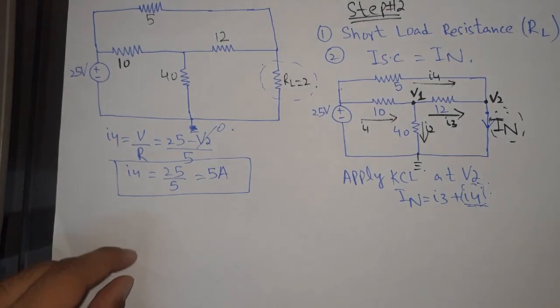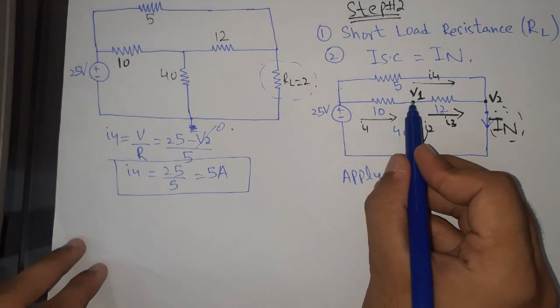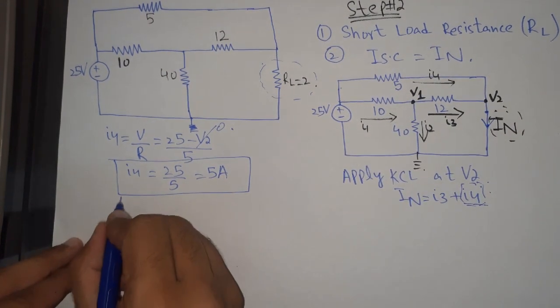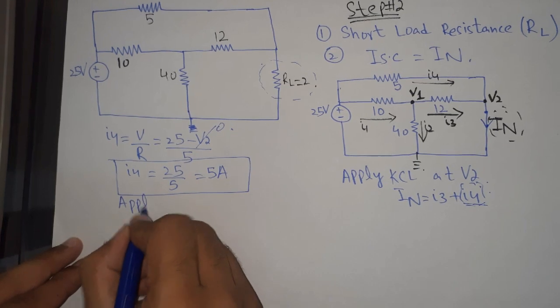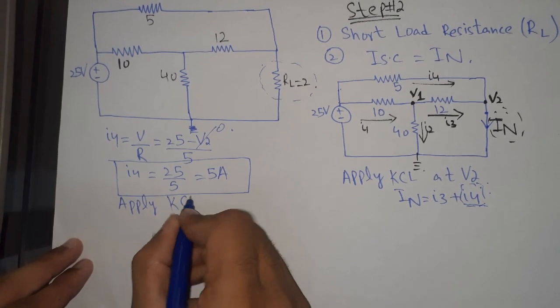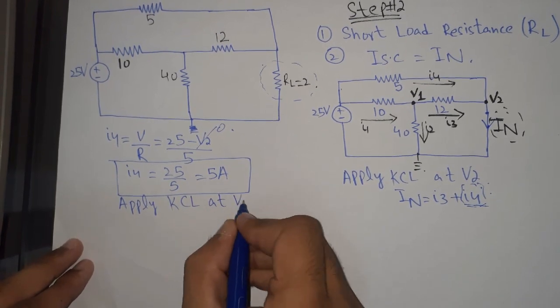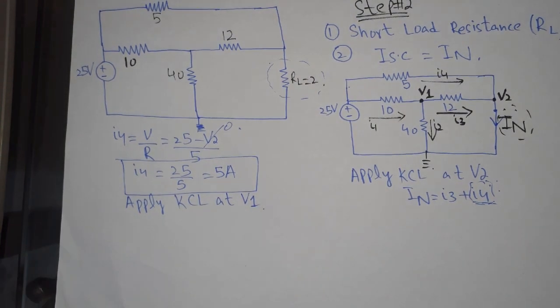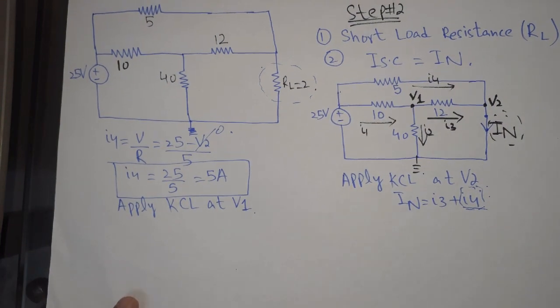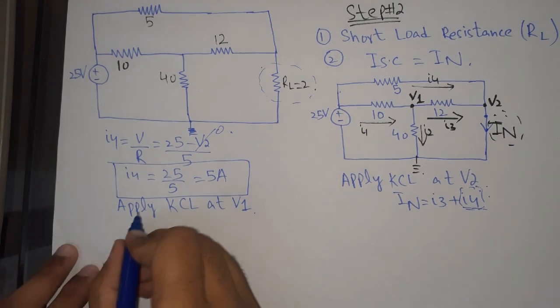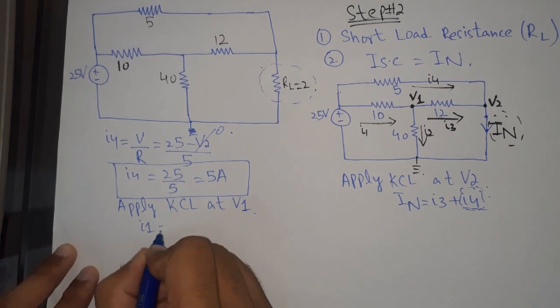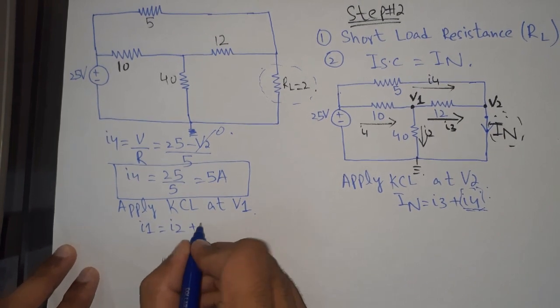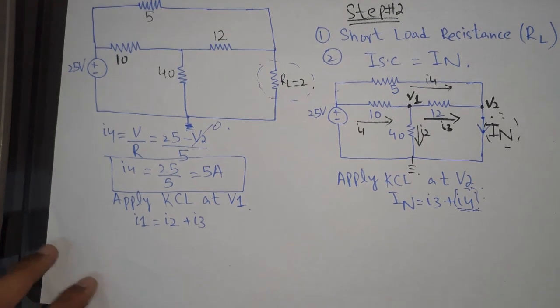So I apply KCL at V1 to find I3. Now students, at V1 there is current I1 flowing into the node and I2 plus I3 flowing out of the node. So it becomes I1 equals I2 plus I3.